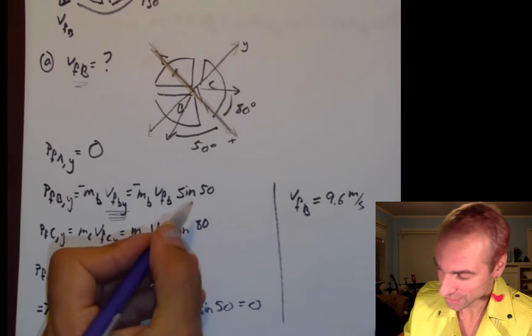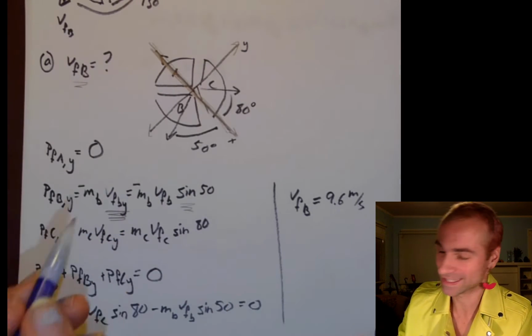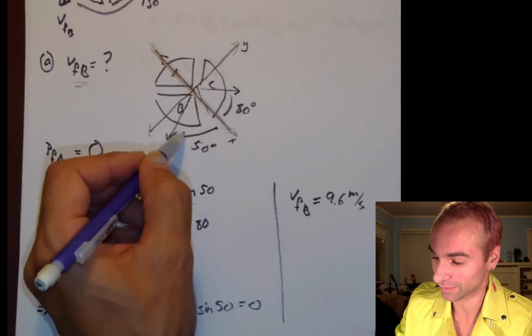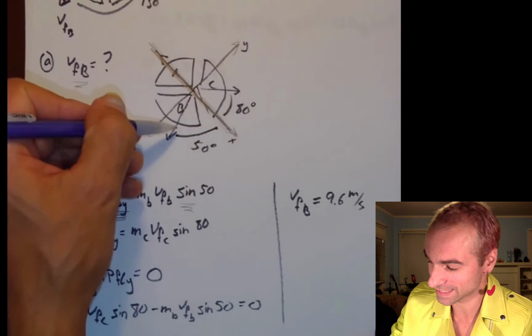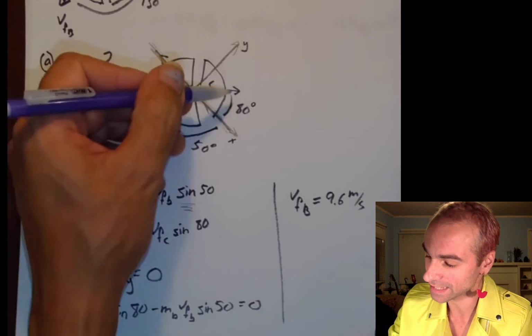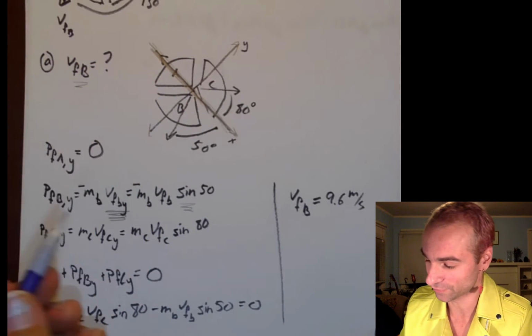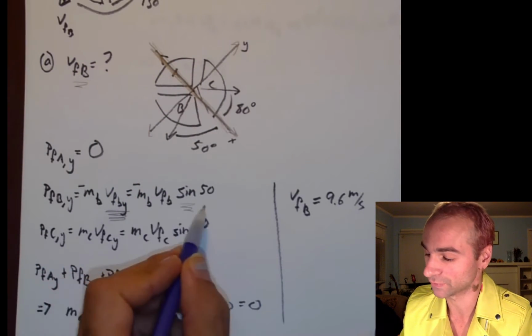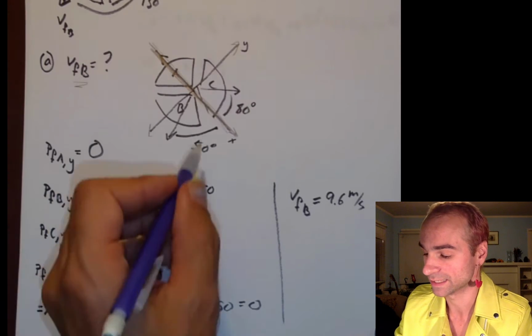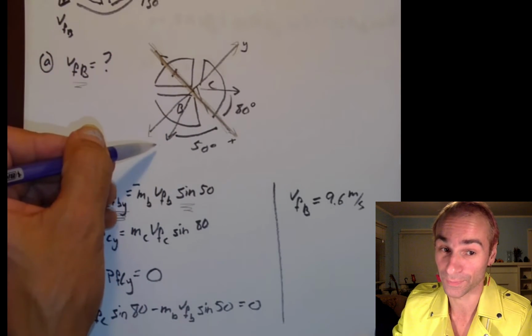Oh my God, yes, it's always sine. It's always sine. So we take the sine of the angle, and now we've got these convenient angles, so we can get the sine of that angle, so we can get the component in the y direction. So this will give us the component of the velocity in the y direction multiplied by the mass, negative sign because it's down.